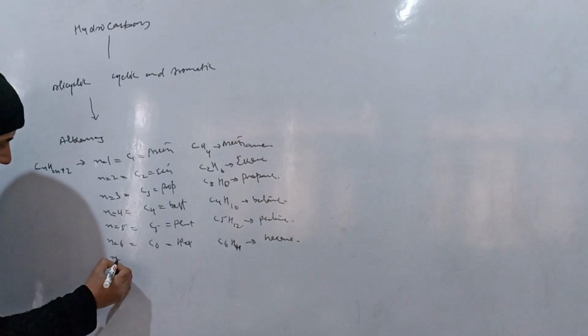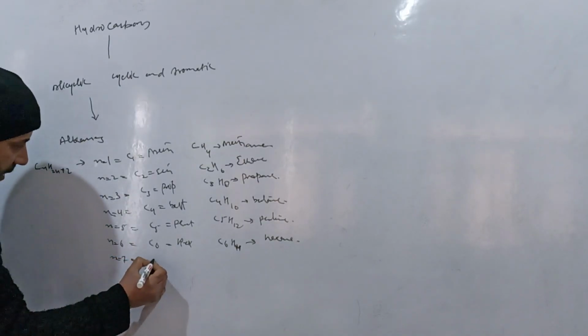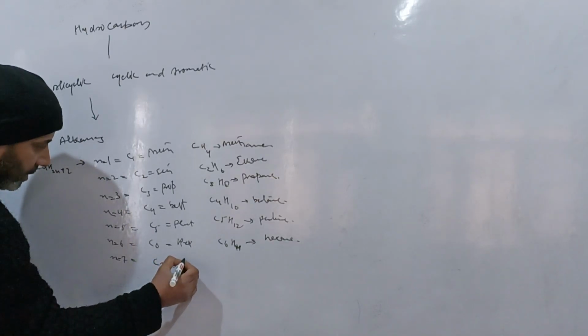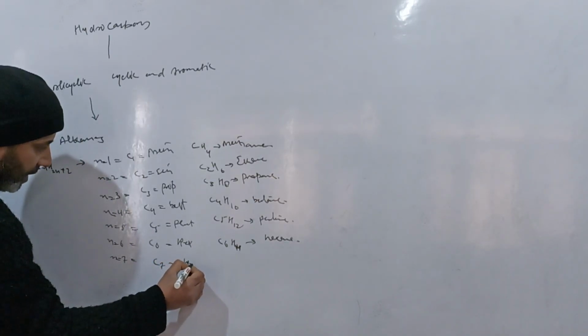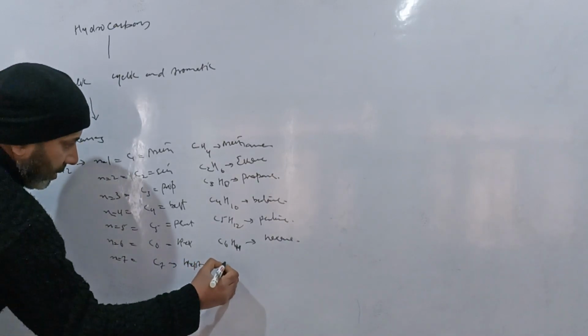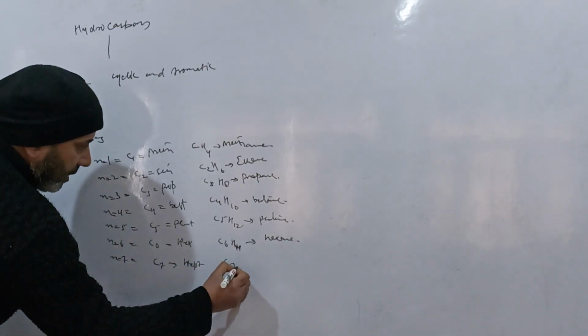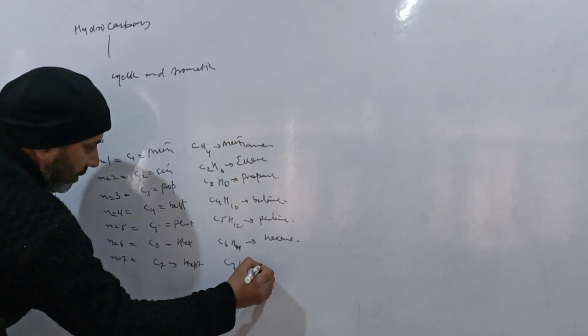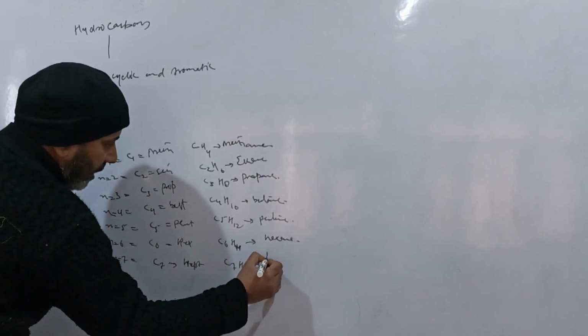Similarly, n is equal to 7 becomes C7, that is hept, C7H16, and this becomes heptane.